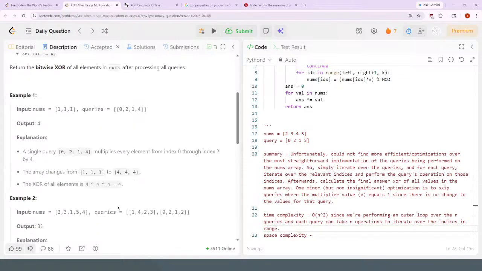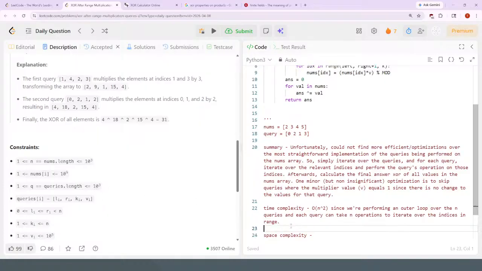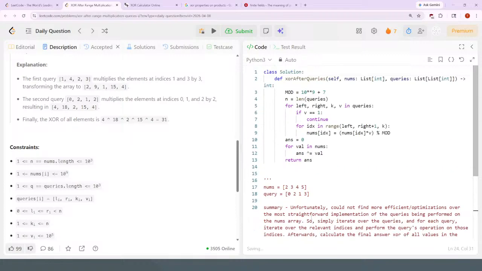Right, the left and right indices are 10 to the third as well. Okay, space complexity is O of 1, since no extra space is needed.